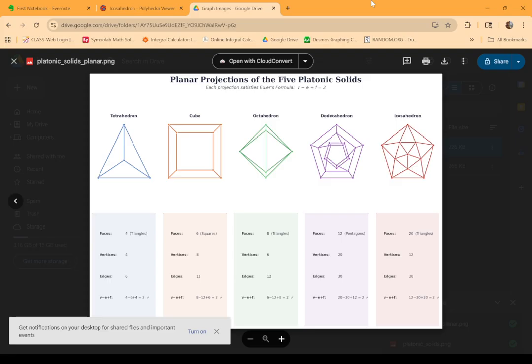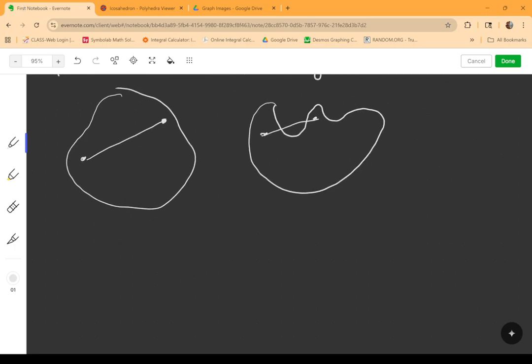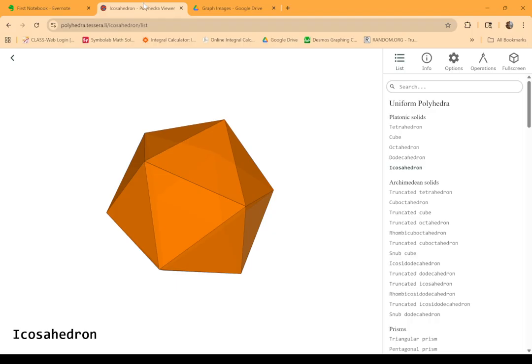Now, as it turns out, there are actually only these 5 platonic solids. Those that we see here are the only ones that exist. No other one exists.